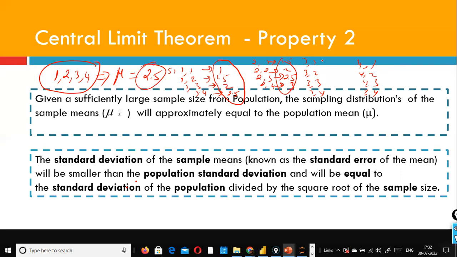So 3 and 1 is 4, divided by 2. So 2.5, and 3, and 7 is how much? 3.5. And here 5, 2.5. And here 6, 3, and 4 is 2 and 8 is 4. Okay. If you add all these values, how much do you get? Can someone help me out?